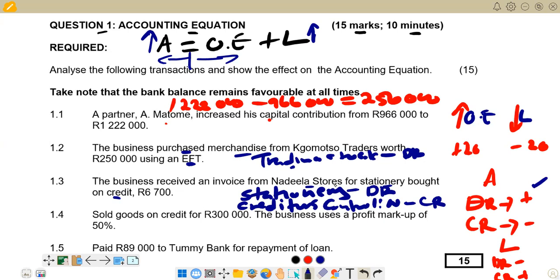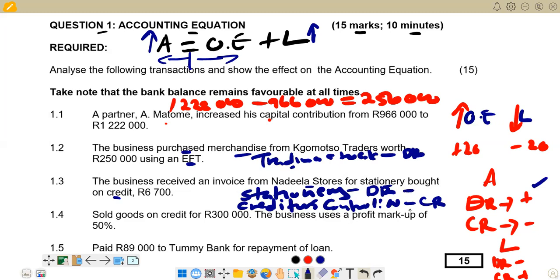But if it's a loss, it's going to reduce the owner's equity balance. So you see that when it comes now as an expense, it's a minus on the owner's equity. It's going to reduce the net profits, thereby also reducing the owner's equity. So it's a minus on this part as an expense, stationery.